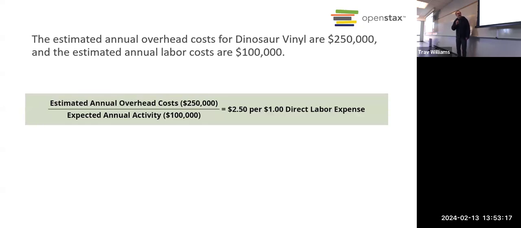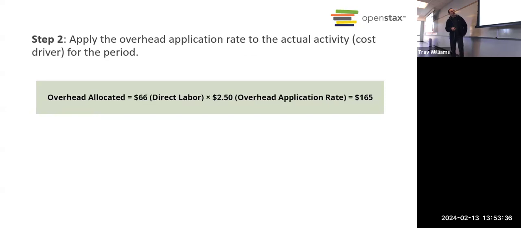We will be using the same basic concept in process costing and in activity-based costing. So just get used to this formula. Estimated overhead divided by your estimated activity is your overhead rate. Okay, and then we could take the actual direct labor cost of $66, multiply it by that rate we just came up with, and now we know how much overhead to apply to this job.